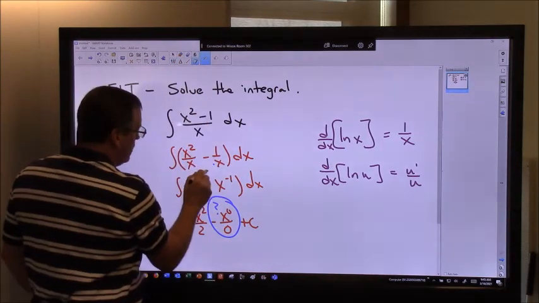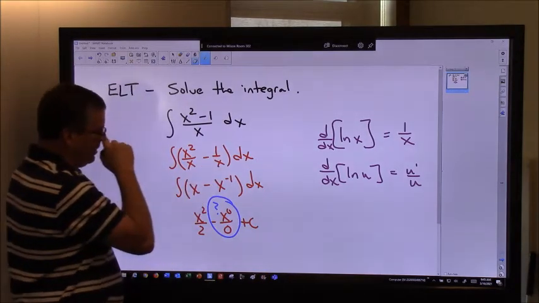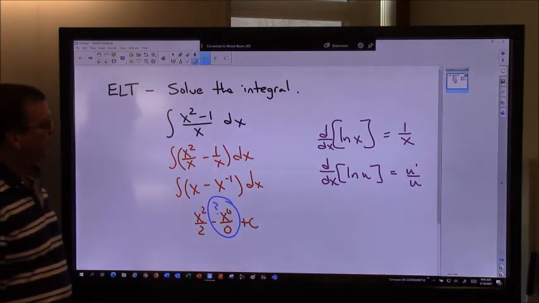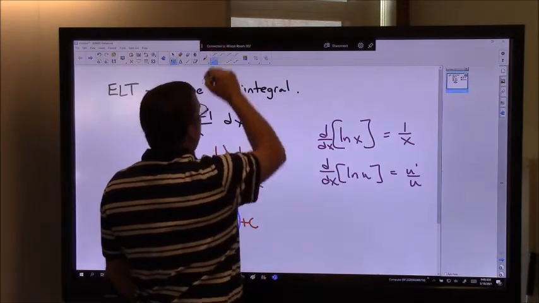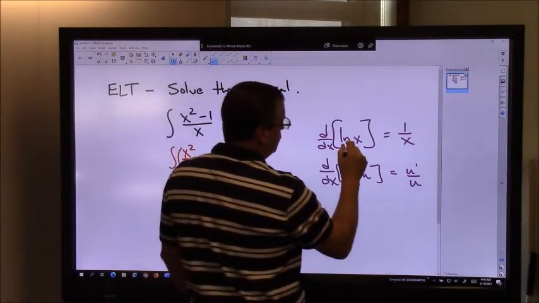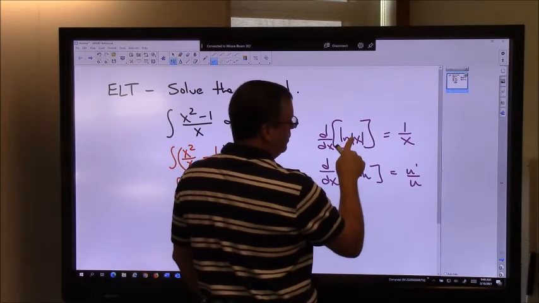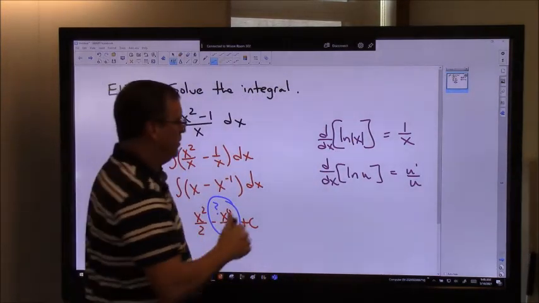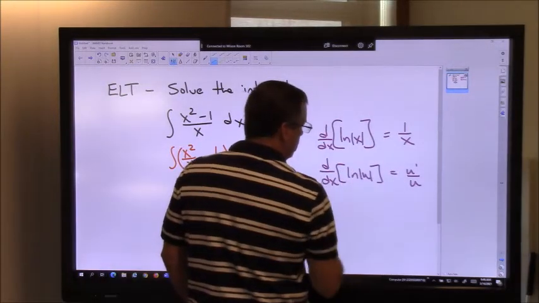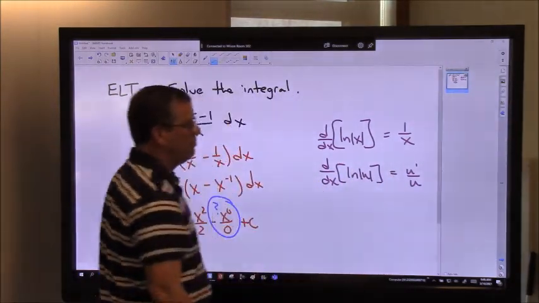So there is one slight thing we got to be careful of, though. And I don't know if you guys remember this. We said, when we first did derivatives, if you put absolute value signs in here, it's still the same answer, right? If I had the absolute value of u, my answer is still u prime over u.